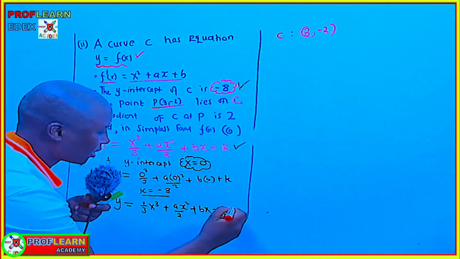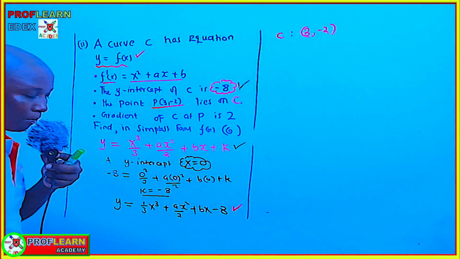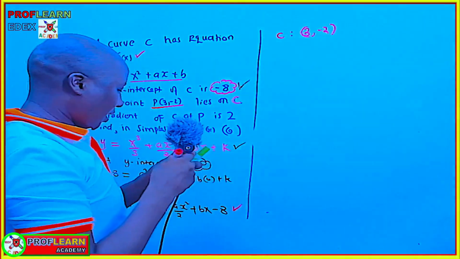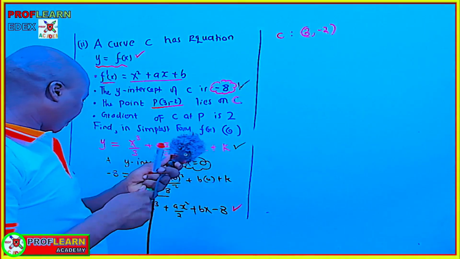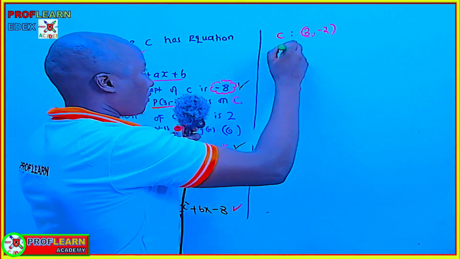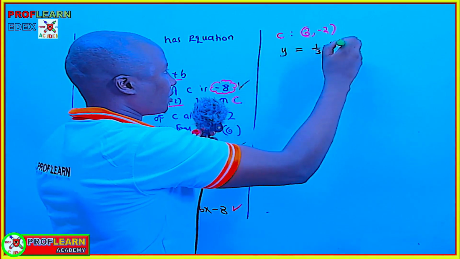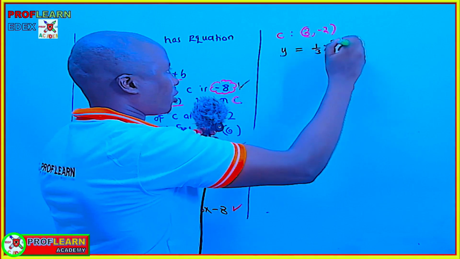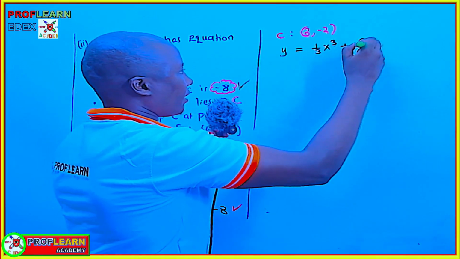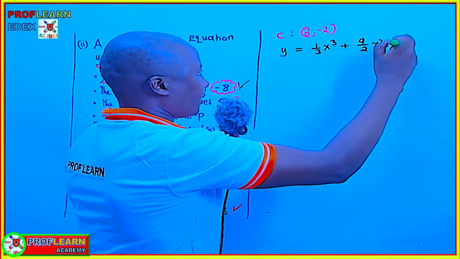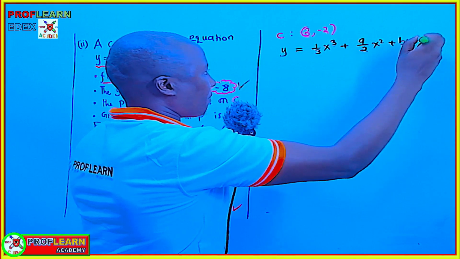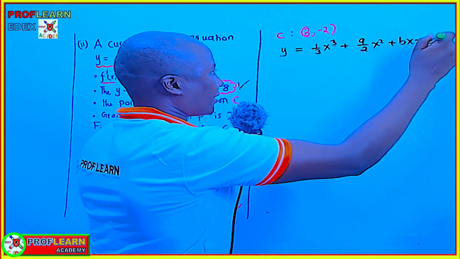So using this expression that we have obtained, we can say that y is equal to 1 over 3 x cubed plus a over 2 x squared plus bx minus 8.